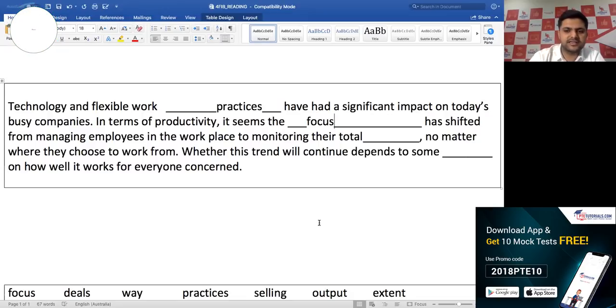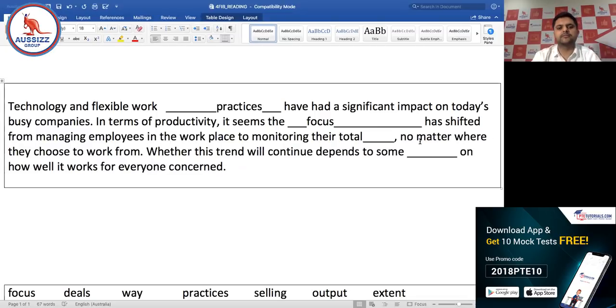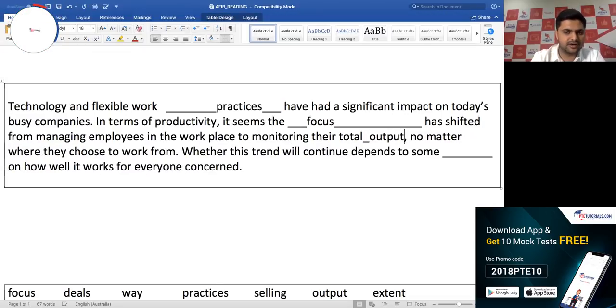Now, this one is an easy one, because total output is a regularly used collocation, and this also creates meaning, because we are interested in productivity, and when the total output increases, the productivity increases. And so the focus has shifted from just managing employees in the workplace to monitoring their total output. So the correct choice here is output.